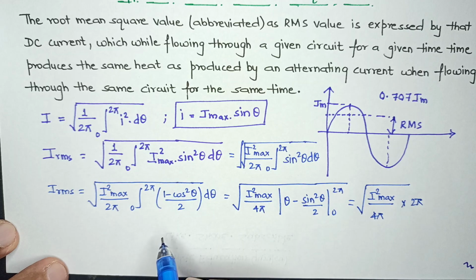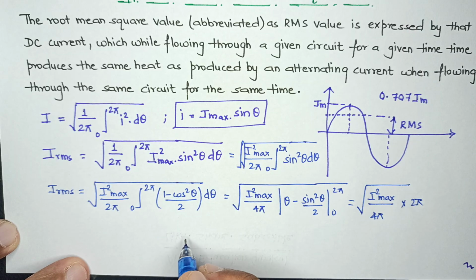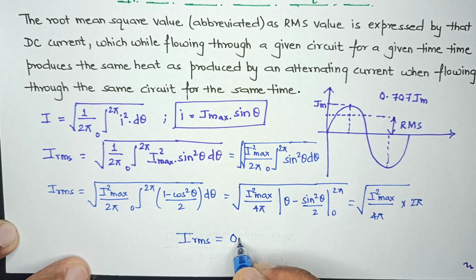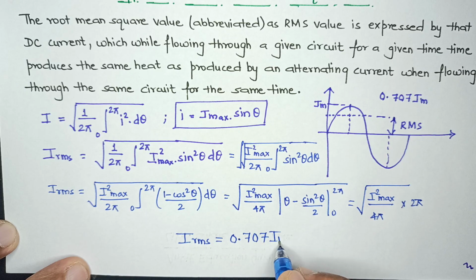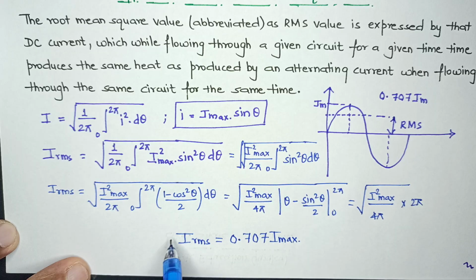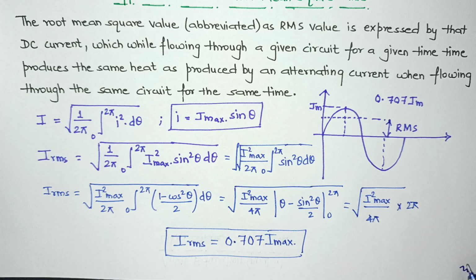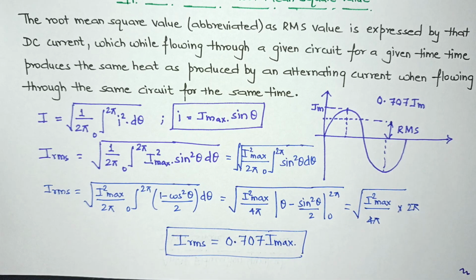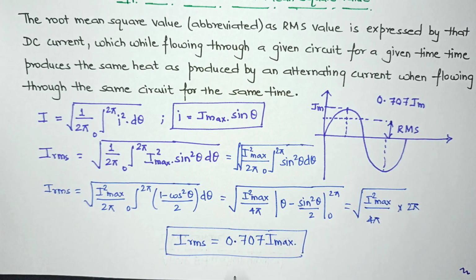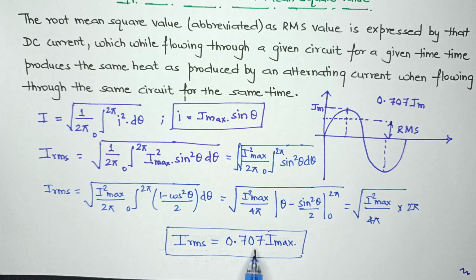And when you solve this, finally what you get as your answer is that IRMS is equal to 0.707 multiplied by Imax. So this is the RMS value of the current that we were looking for. Technically, this is the peak value of the current multiplied by this factor, that is 0.707.